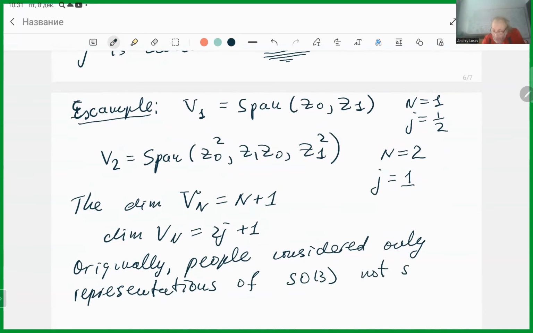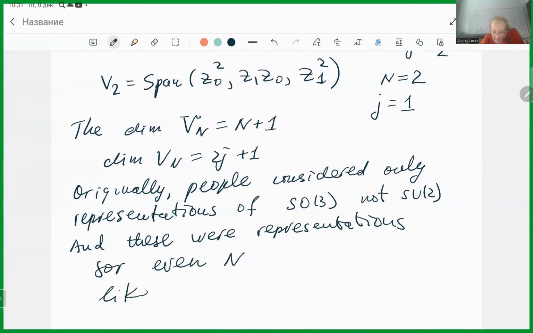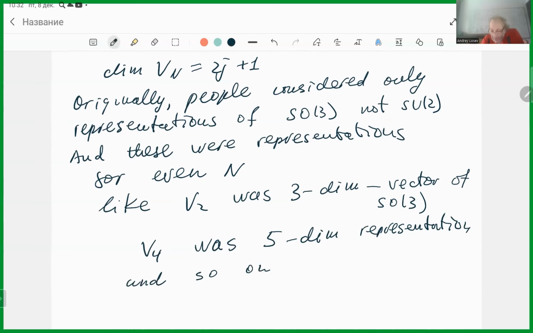SO3, not SU2. And these were representations for even n, like V2, which was three-dimensional and was called the vector of SO3. V4 was correspondingly five-dimensional, and so on. Let me make this comment: the five-dimensional representation was considered like this.